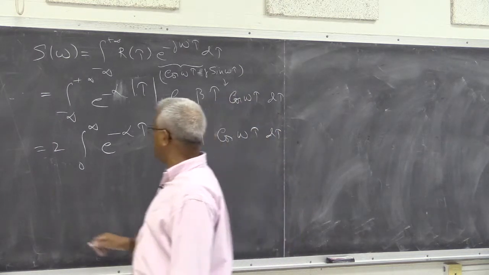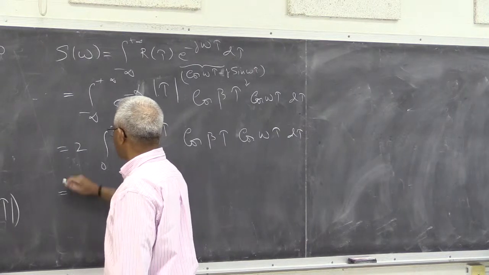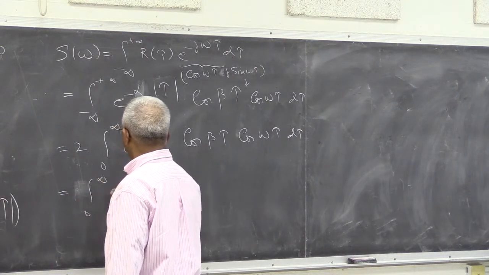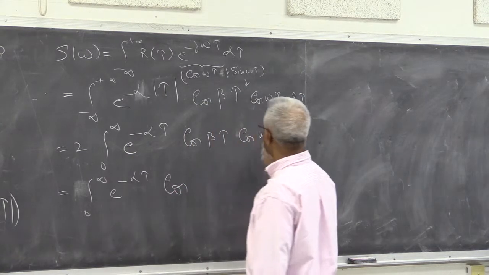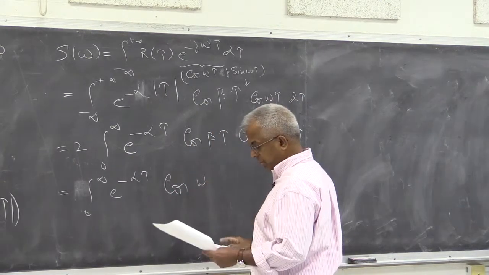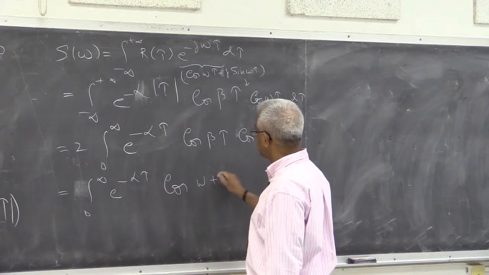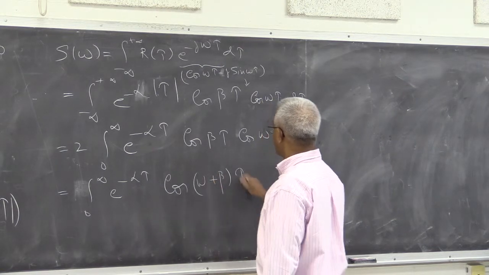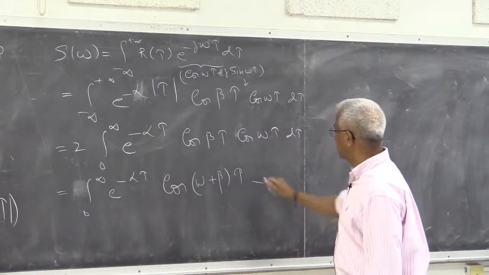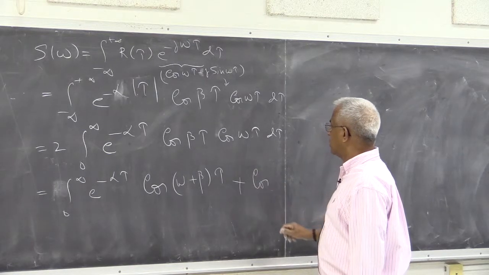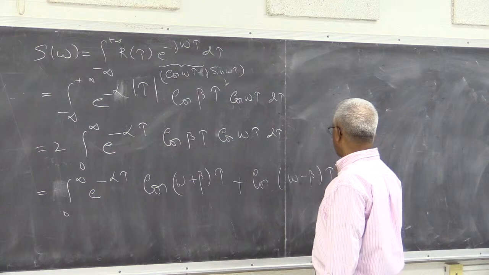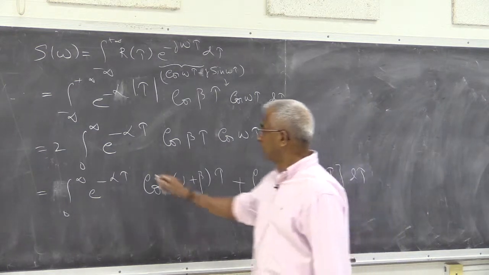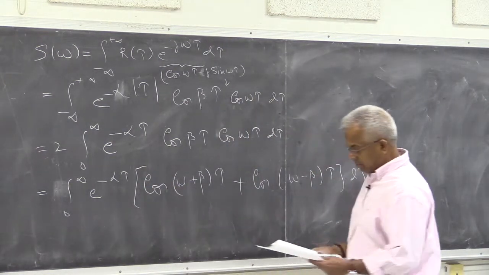So this, of course, you can write it as integral 0 to infinity e raised to minus alpha tau cos a plus b. So that's omega plus beta tau, plus cos a minus b, omega minus beta tau d tau. So once again you can use the real part.